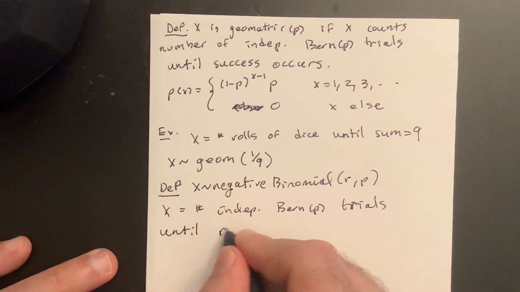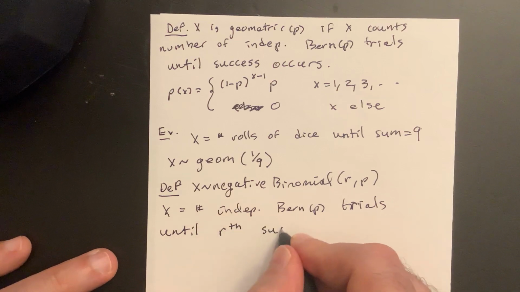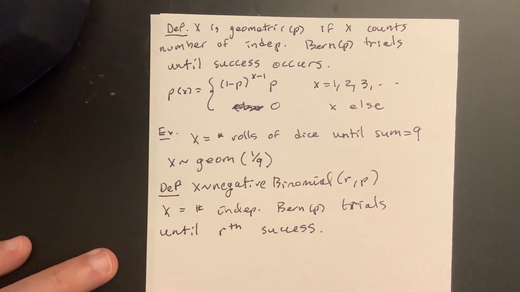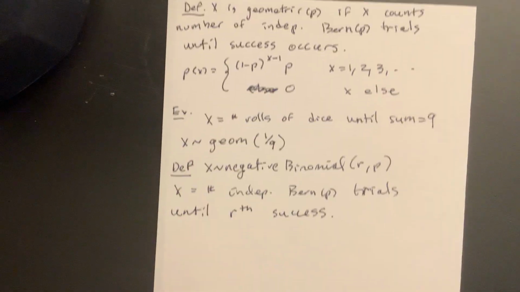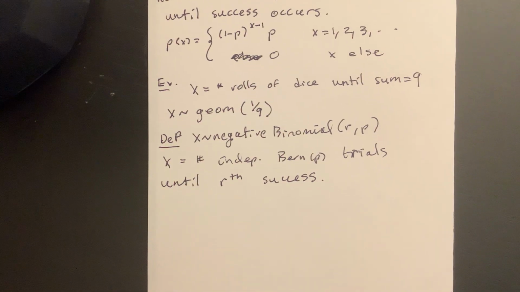Until the rth success. So if R is 1, it's geometric P. But in general, you could wait for more than one success.